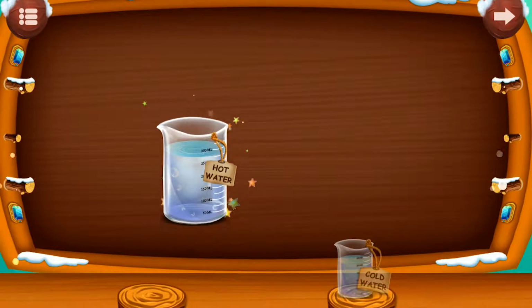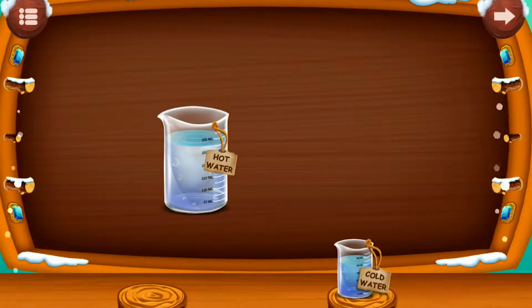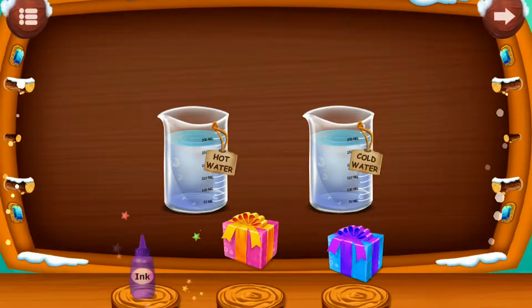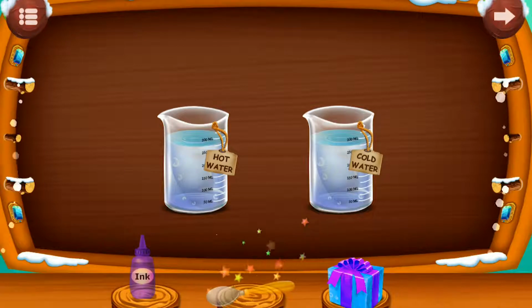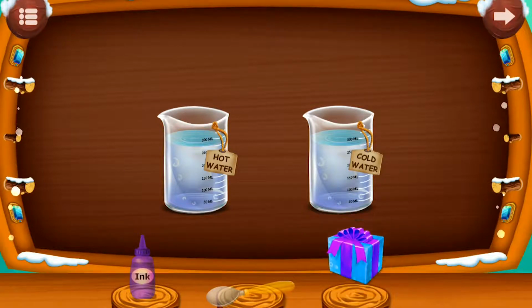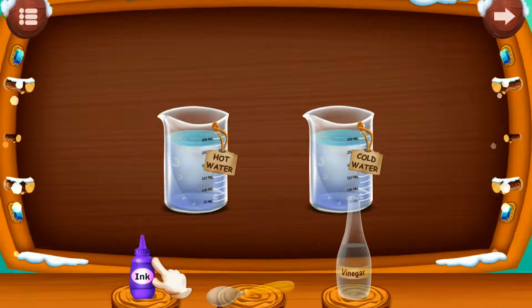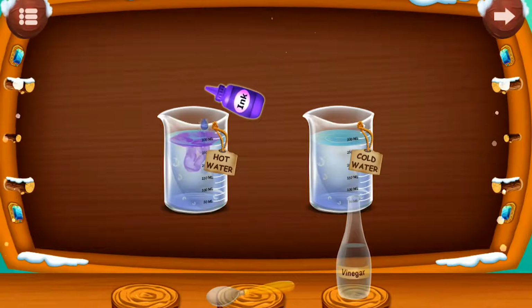Take a hot water beaker. Take cold water beaker. Add few drops of ink into hot water beaker.